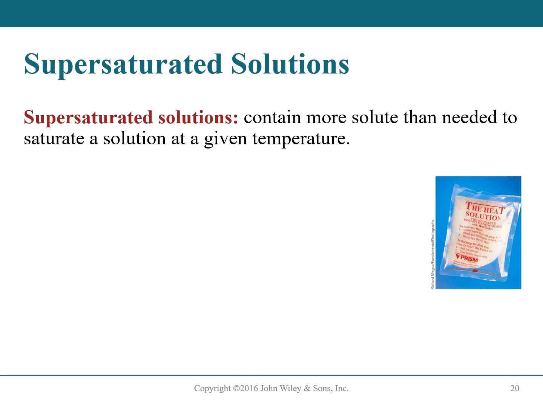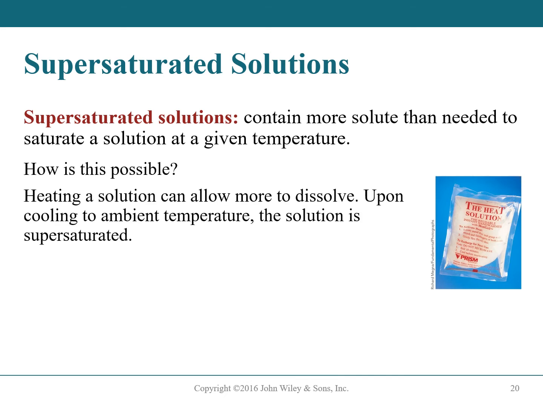Okay, supersaturated solutions. How do you get a supersaturated solution? It contains more solute than a saturated solution. How is that possible? So remember, solids tend to have a higher solubility at higher temperatures.